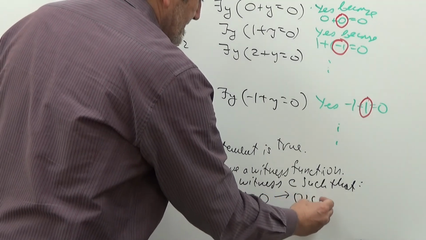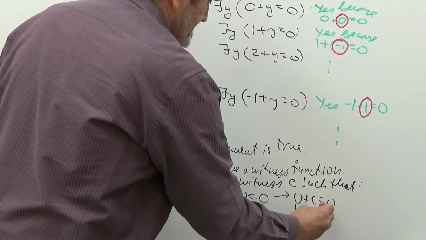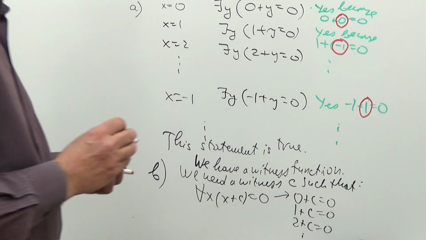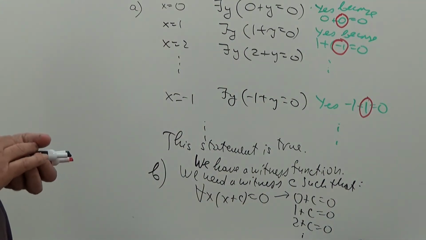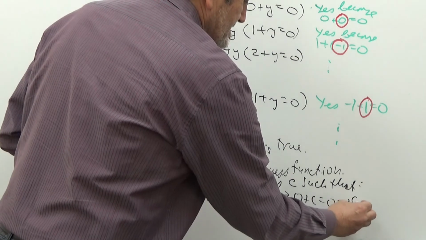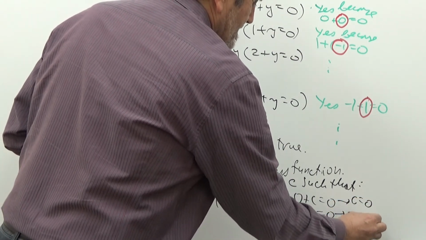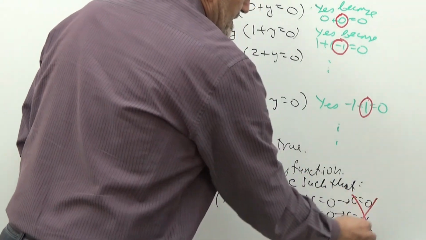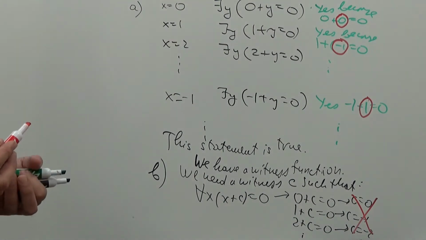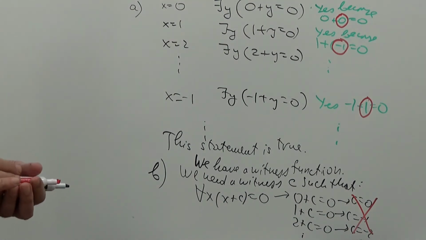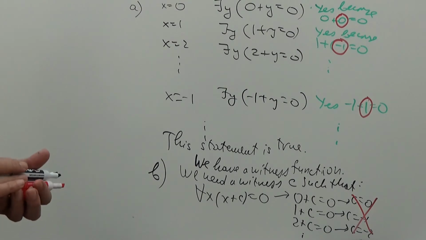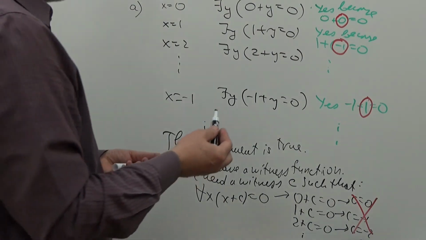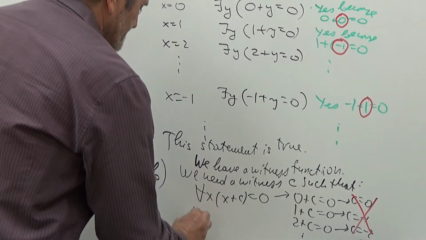That 0 plus C is 0, 1 plus C is 0, 2 plus C is 0, and so on. But that's obviously impossible, because at the same time C should be 0, and C should be -1, and C has to be -2, and it's impossible to find a number that meets all these requests. Once again, we cannot find a witness that will serve all these equalities. So this time we say that this statement is false.